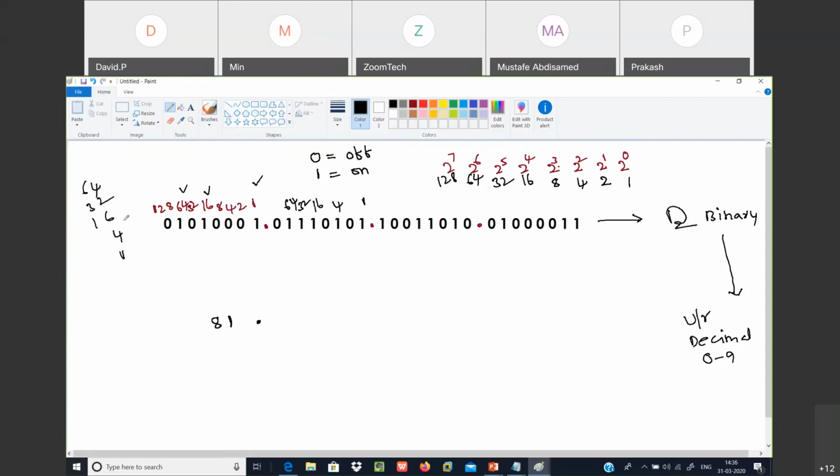What's the total value? 117. Similarly, try to calculate the third octet and fourth octet and tell me the answer. Do it fast.